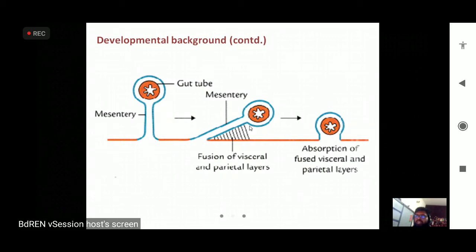So it falls upon it, and the visceral layer is fused with the parietal layer, and ultimately it is open behind. There is no peritoneum behind, right? So it becomes retroperitoneal, and this process leads to the formation of some of the retroperitoneal organs like the pancreas, except the tail, the duodenum, except the initial 2 centimeters, ascending colon, descending colon, cecum and rectum in the upper two-thirds.